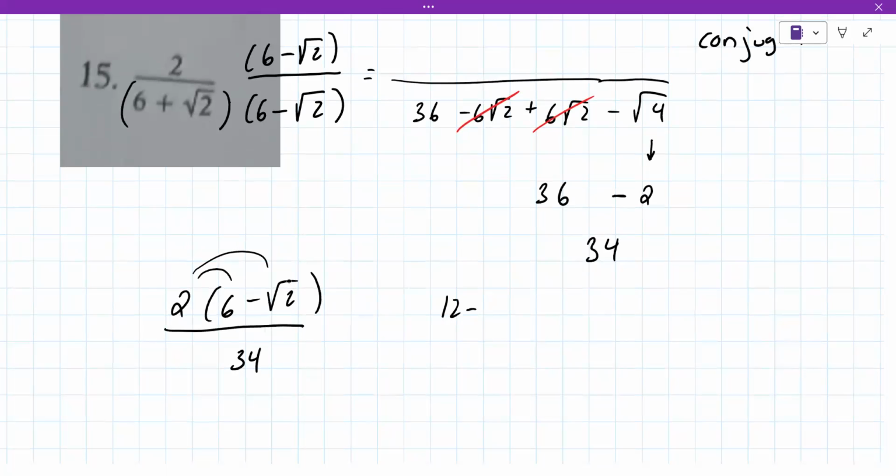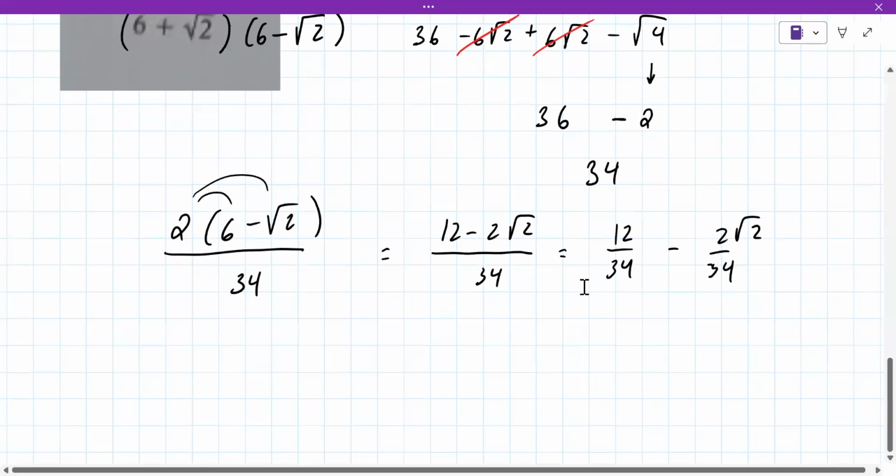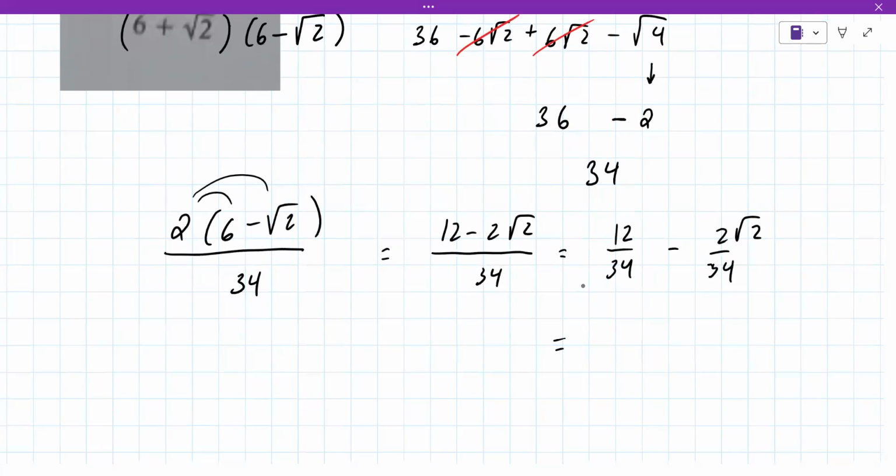So this becomes 12 minus 2 square root of 2 over 34. And then you divide each of these by 34. It's not a choice. You have to do it to both. These both reduce, you could divide both of them by 2, so it's 6/17. Same thing over here, divide them both by 2. There is your final answer.